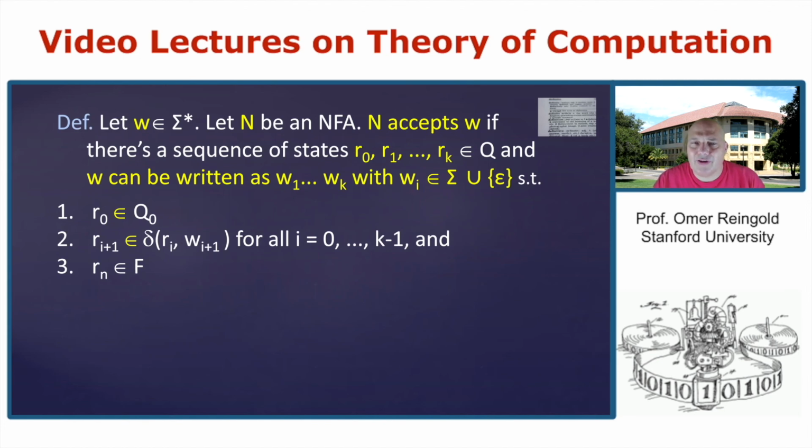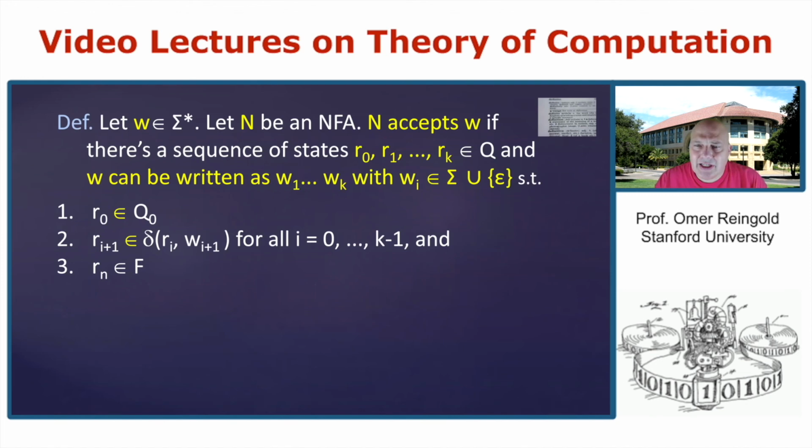The property that R0 is one of the start states, and RK is one of the accept states, and now Ri plus 1 is a possible transition from Ri on Wi plus 1. So Ri plus 1 is contained in the set of states that you can reach from Ri while reading Wi plus 1. So it's in delta of Ri, Wi plus 1. And this holds for every i from 0 to k minus 1.